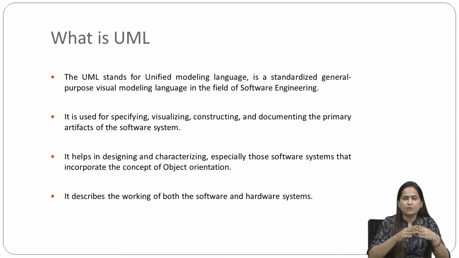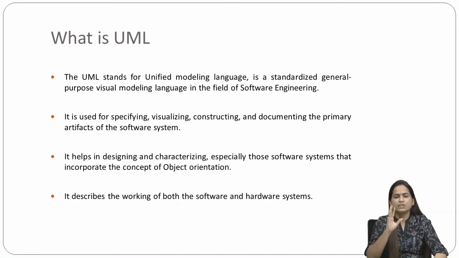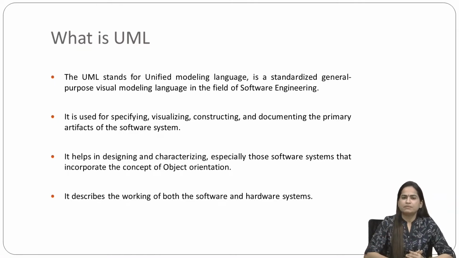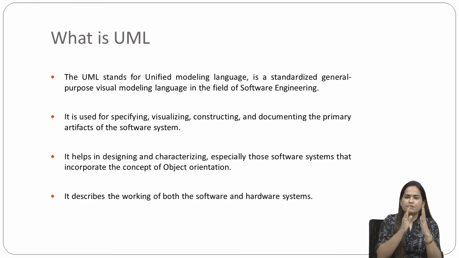We are talking about object oriented analysis and design, so for software systems based on this concept, we use UML techniques. It describes the working of both the software as well as the hardware. Whatever task the software part is doing and whatever task the hardware part is doing, both are described with the help of UML.